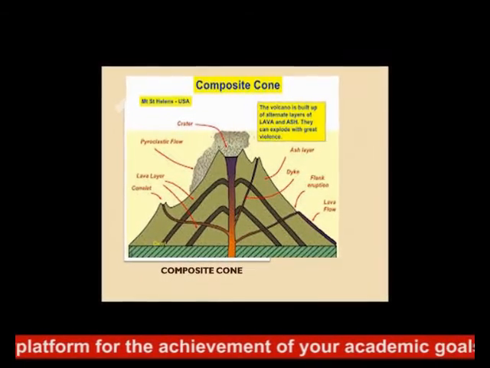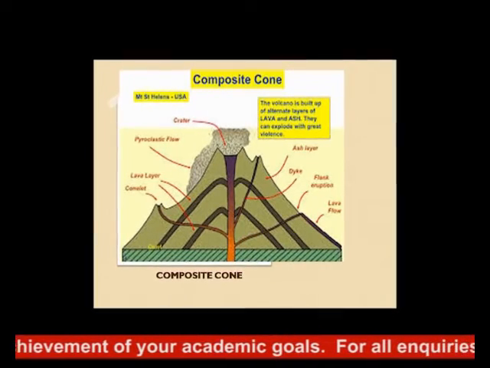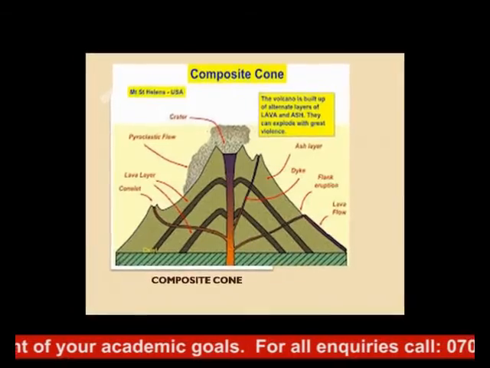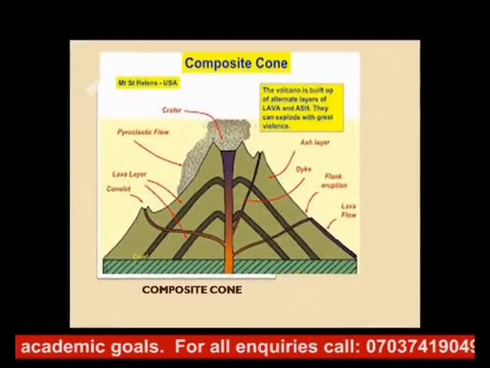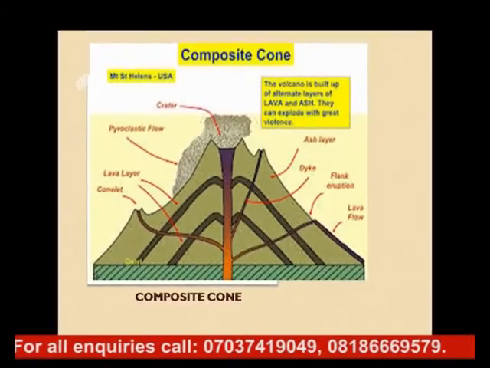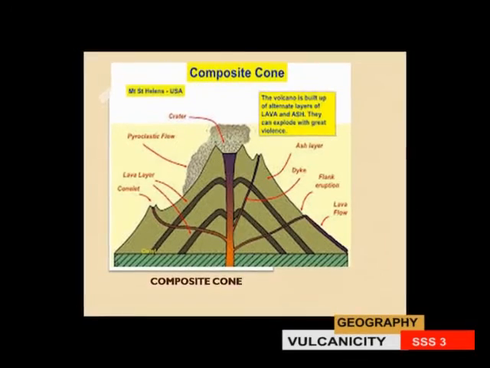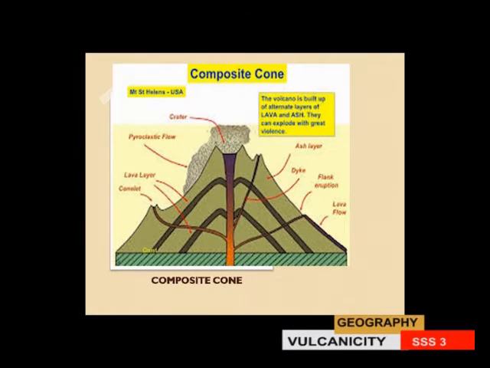You can see the conical nature of the whole feature or landform. And you can see vents, that's the holes or openings through which this lava can come out to the surface and give rise to the various landforms.